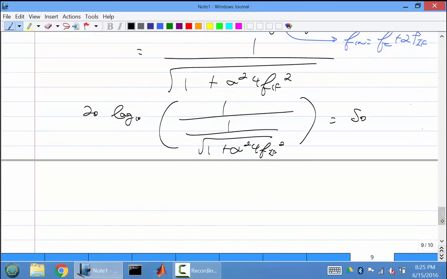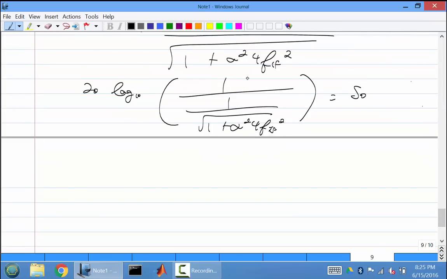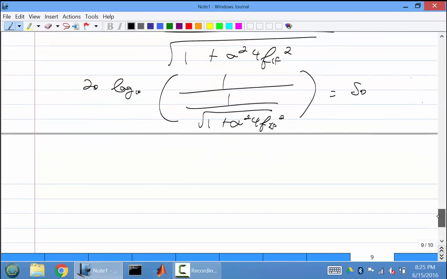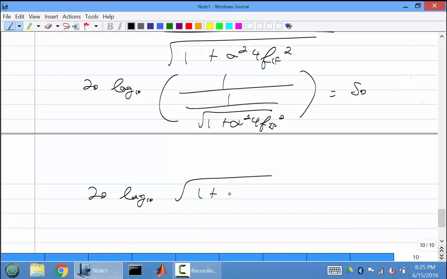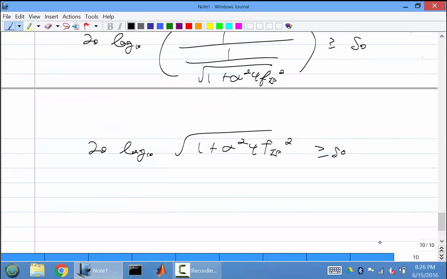So 1 divided by 1 divided by is very simple. It just becomes the thing by itself. So this becomes 20 log 10, and then we have the square root of 1 plus alpha squared 4 fif squared. Okay, not equals, but greater than or equal to. Now you have to make sure that it's greater than or equal to 50.